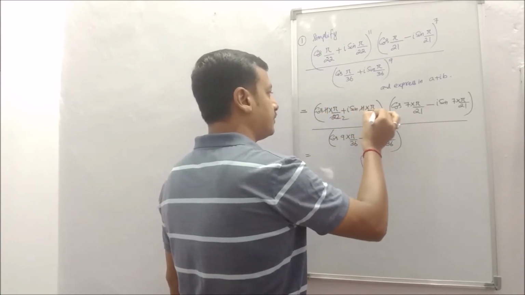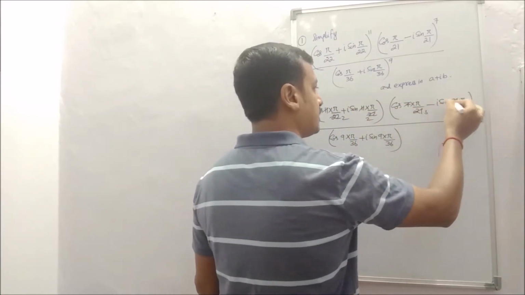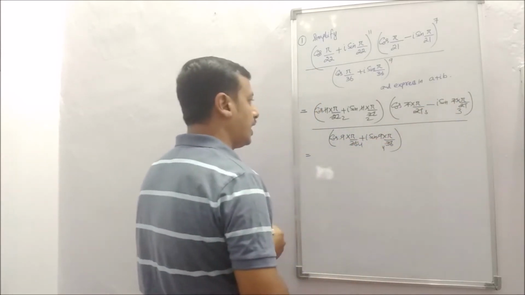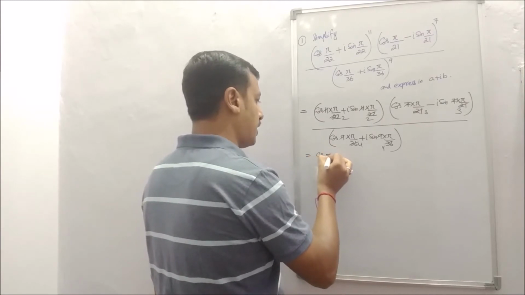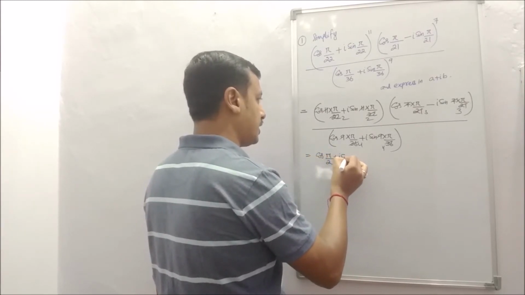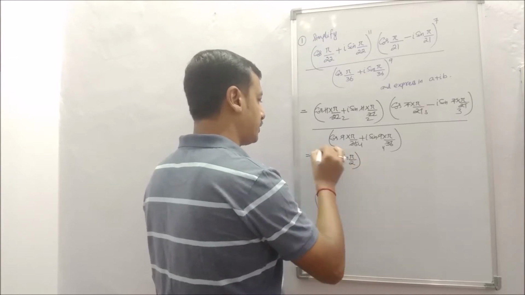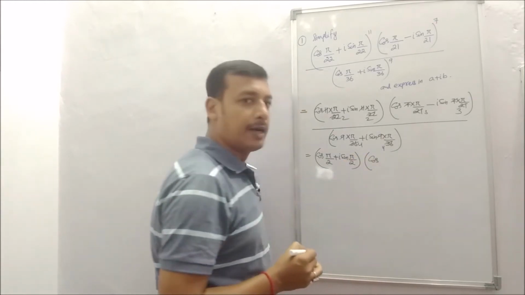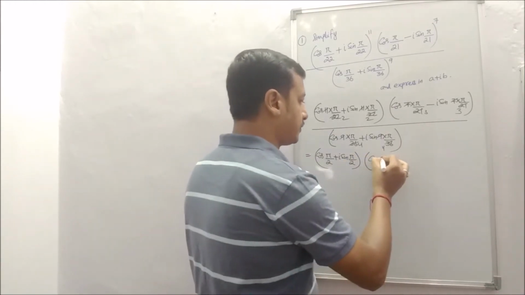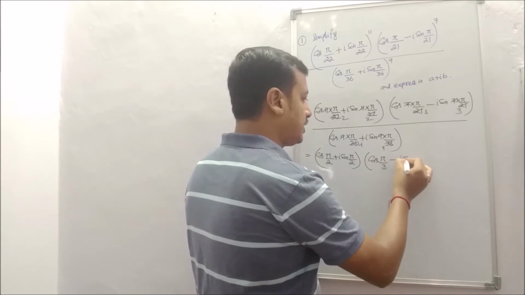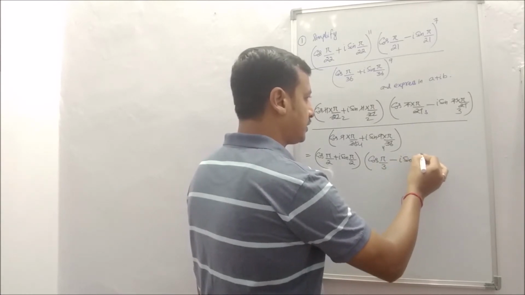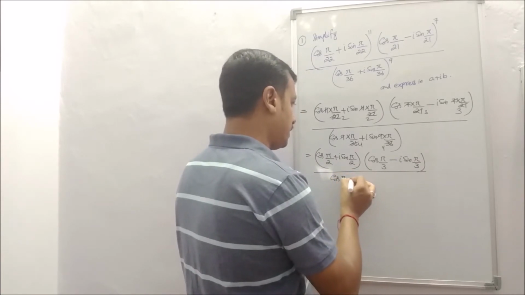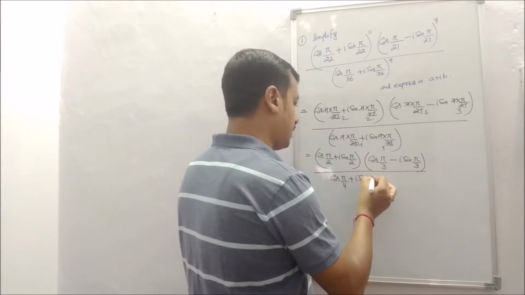11 twos are 22, 7 threes are 21, and 9 fours are 36. So we have (cos π/2 + i sin π/2) into (cos π/3 − i sin π/3) divided by (cos π/4 + i sin π/4).